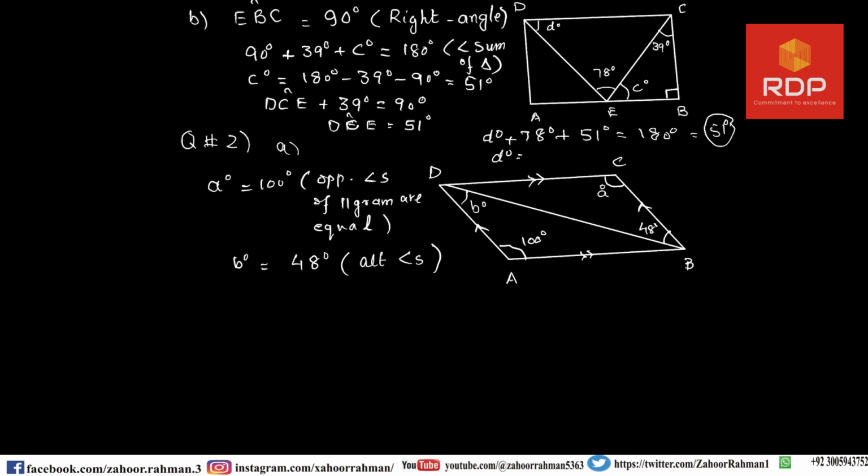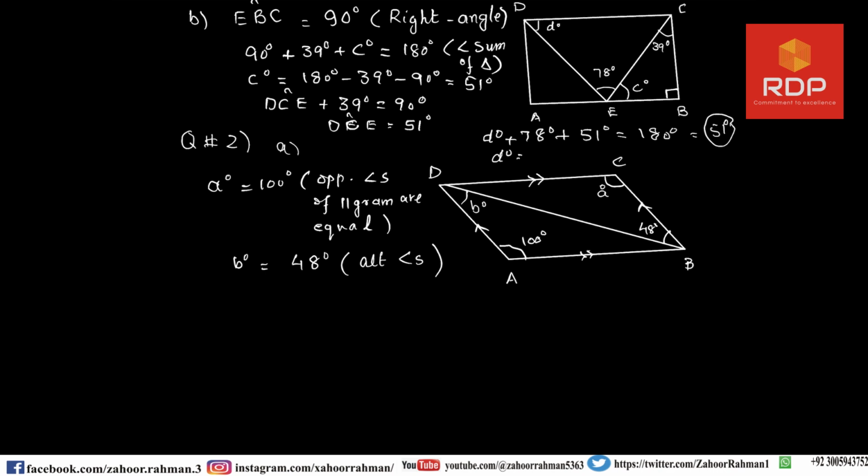Now you have to consider this AB and DC as parallel lines, and this will be the transversal line.